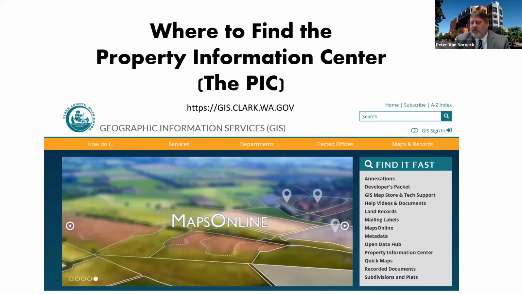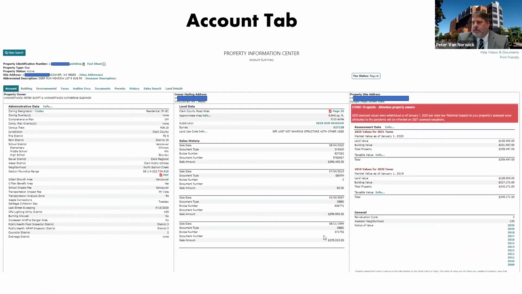One of the duties of the assessor's office that no one ever thinks about too much is that we are responsible for listing all the property and what the characteristics are on that property. So the Property Information Center is where you can go to find that information, and where you click to get into our data.